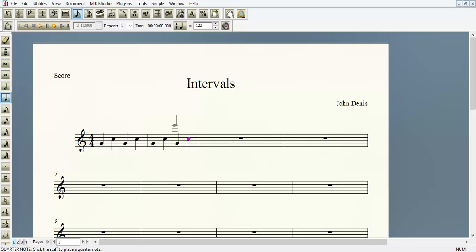Because these intervals, especially when we think about them melodically, are what we build a lot of our music on. That and scales, which will be a source of another video later on.